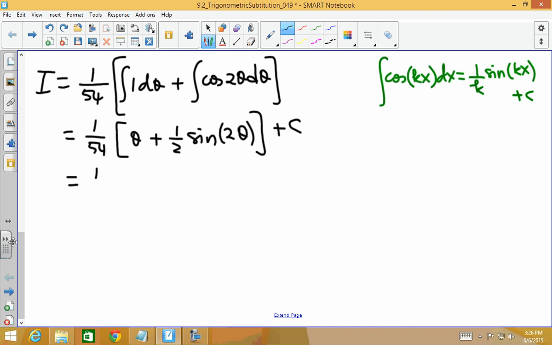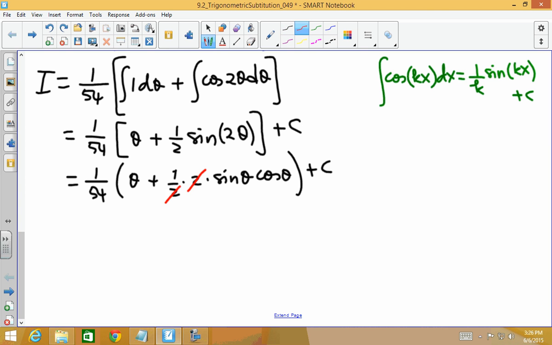So this is 1 over 54 times theta plus 1 over 2 times 2 times sine theta cosine theta. That is to avoid any issue with the double angle. So this is 1 over 54 times theta plus sine theta cosine theta, plus a constant.